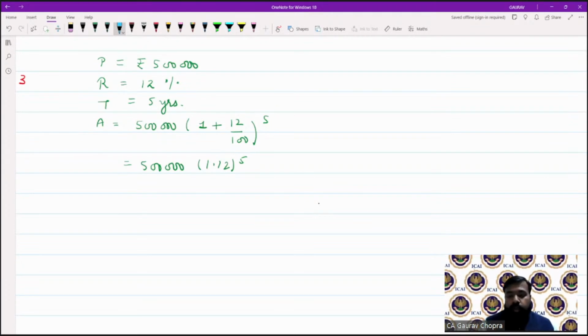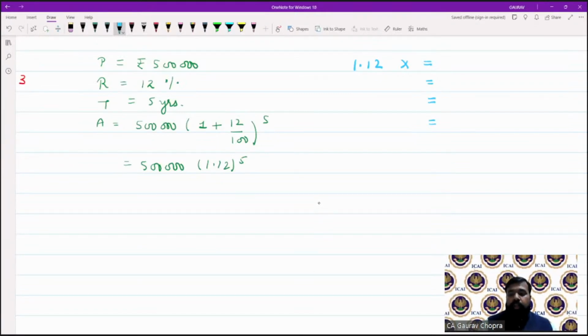Okay. Now type 1.12 on the calculator. First of all, we are calculating the power 5. So how to calculate power 5? Type 1.12, press multiply and then equal to. You have to press equal to 4 times: 1, 2, 3, 4. After pressing 4 times, you will get the power 5.